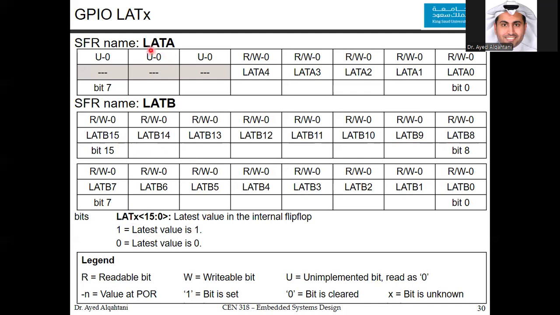Now here in the latest value, or LAT X, the latest value in the internal flip-flop, if it is 1, then the latest value is 1. If it is 0, then the latest value is 0. When we say latest, it means the latest known value. So if you want the most updated value, it's going to be in the internal flip-flop.